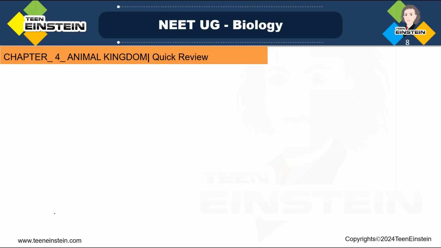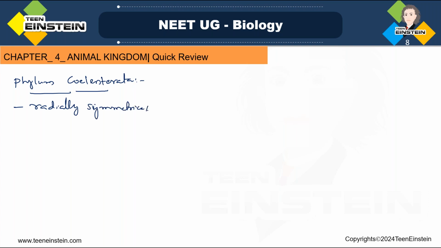Okay, next is phylum Coelenterata, the second phylum. Here, the salient features of phylum Coelenterata: symmetry is radially symmetrical, and they are diploblastic multicellular animals, and they have tissue grade of organization.